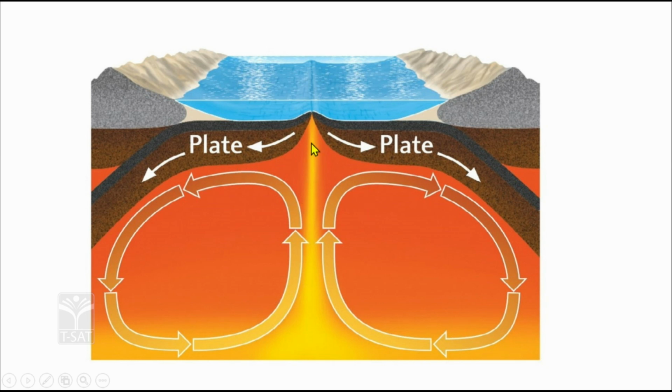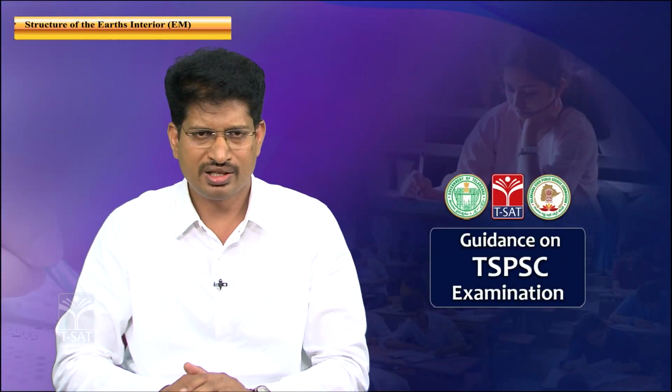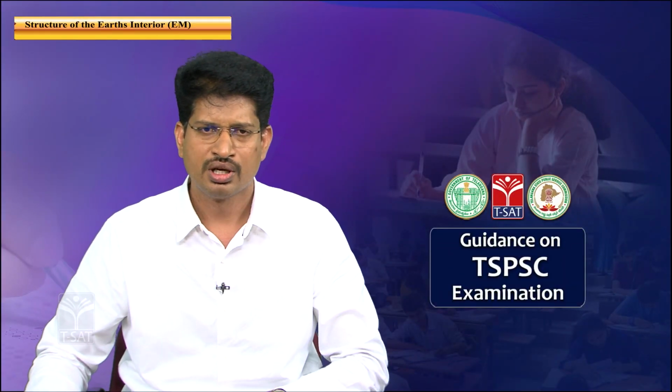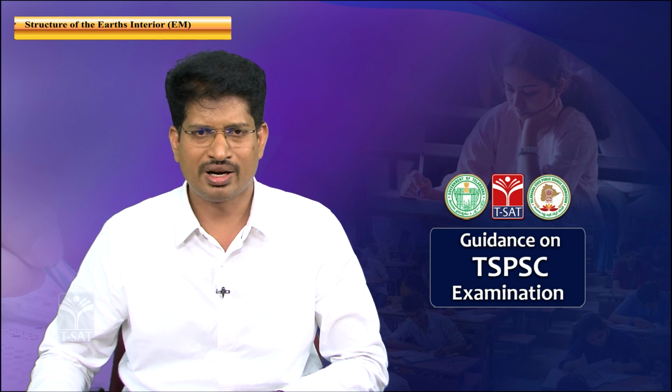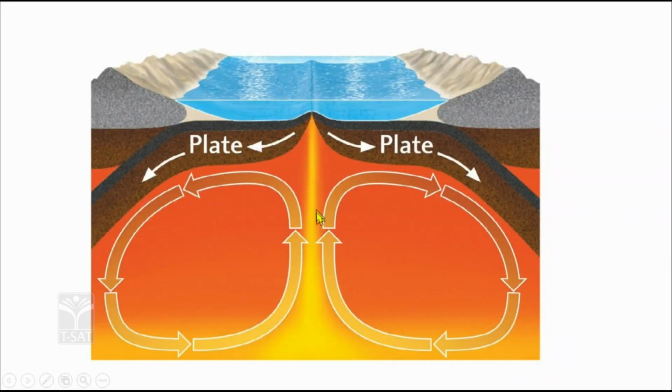In this divergent plate boundary, the movement of the plate is because of the semi-solid layer available beneath the lithospheric plate and the molten magma pressure from the mantle. When the plates are moving in opposite directions, look at the arrow mark direction, it leads to the divergence of plates.